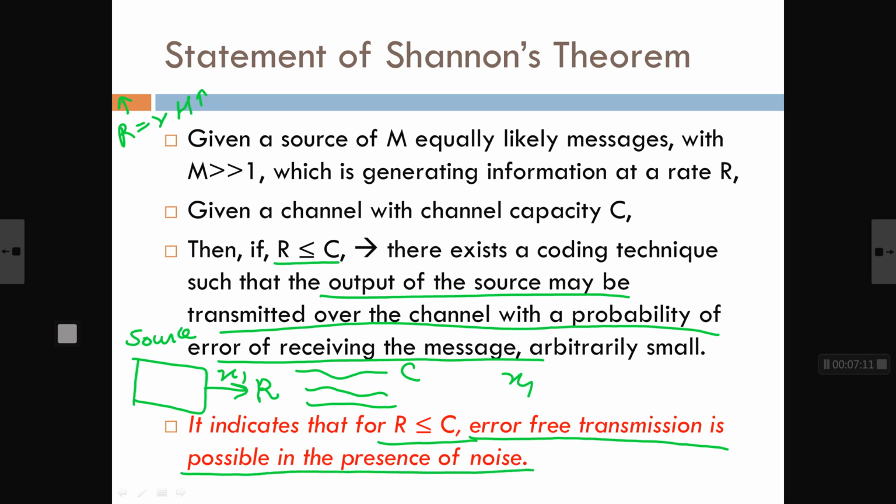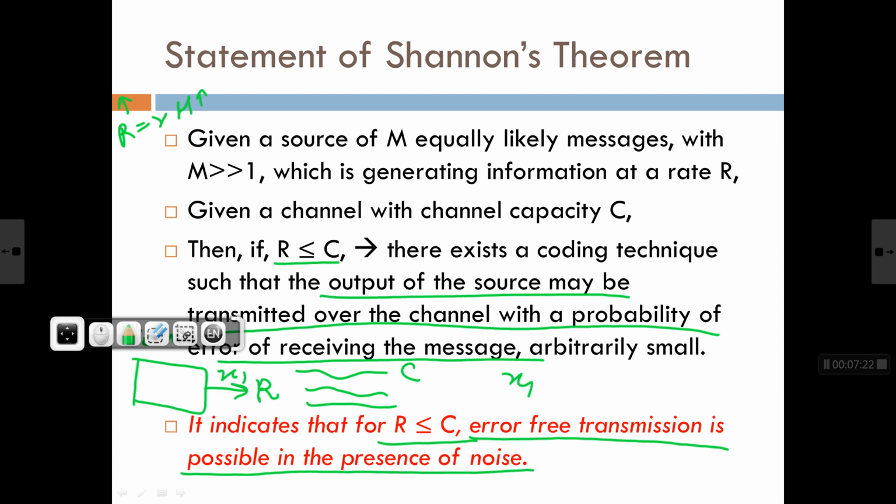Now please remember, what does it mean? I have not told you that there is no noise in the system. The moment we consider a channel, there will definitely be noise, and I have not said that there will be no noise in the system. But in spite of there being noise, it is possible to have an error-free transmission.